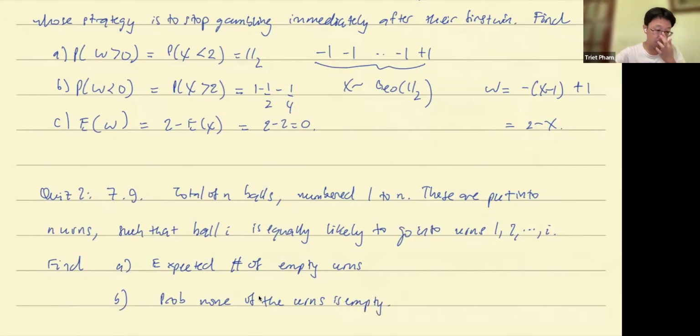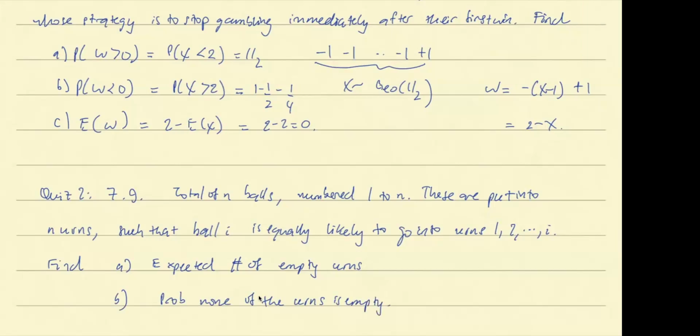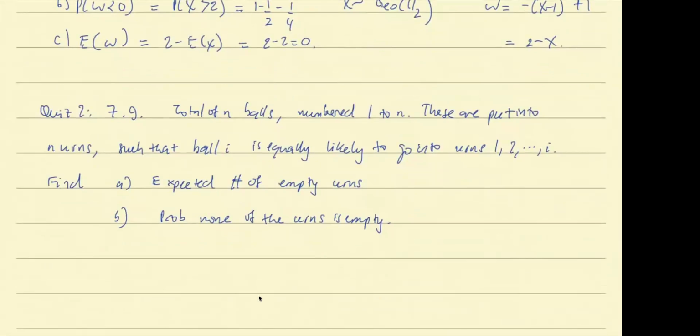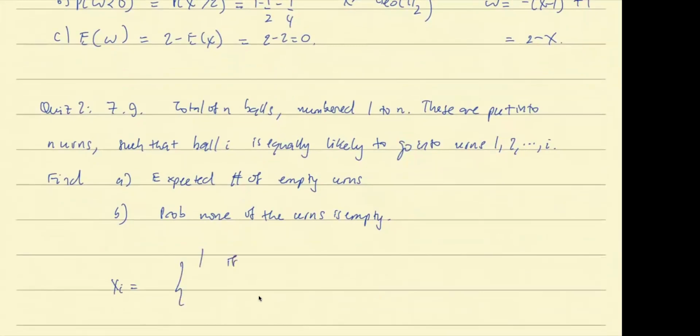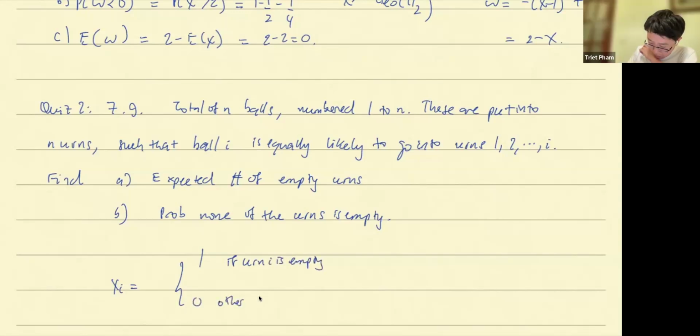So how do we do this? You let xi be the indicator that an urn is empty. Actually, you probably want xi to be 1 if urn i is empty, 0 otherwise.